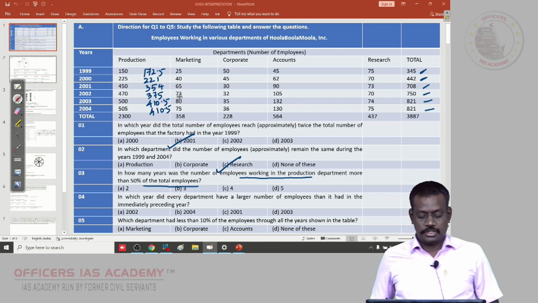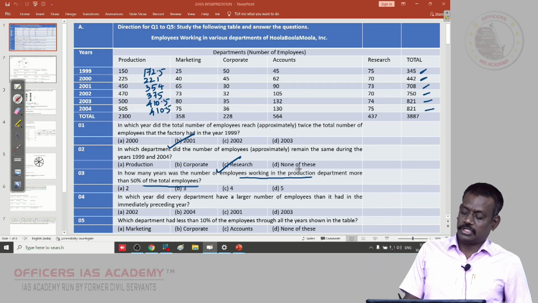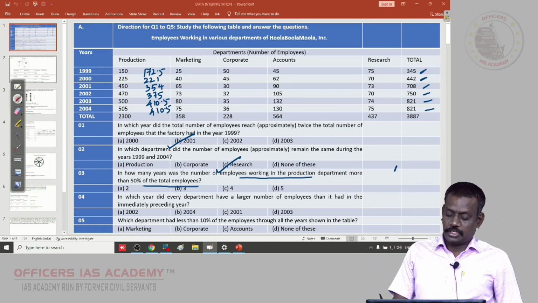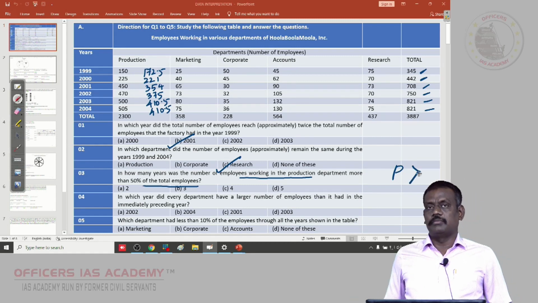Now the question is, in how many years was the number of employees working in production greater than 50% of the total number of employees?